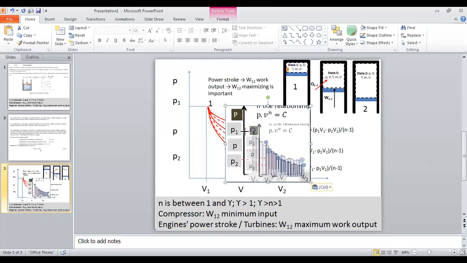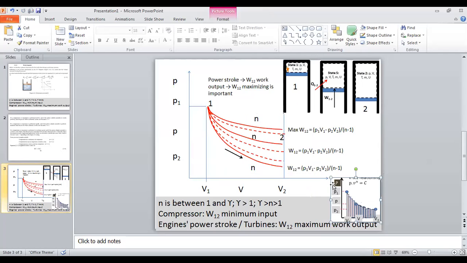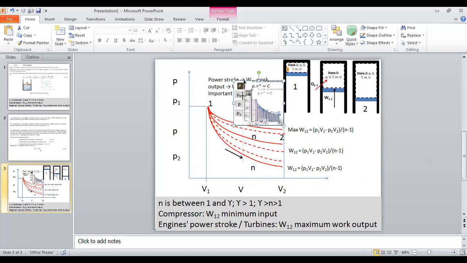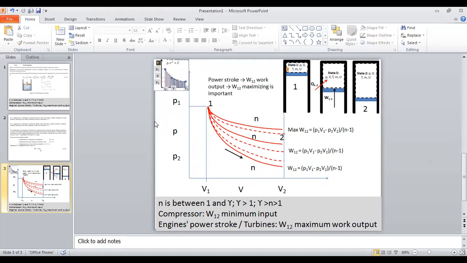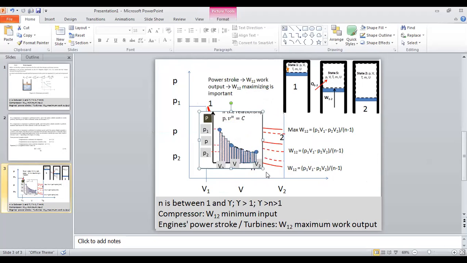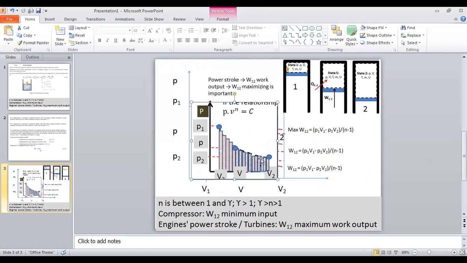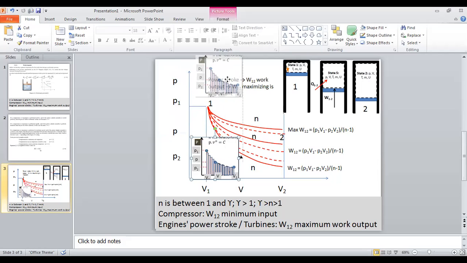Hope you can remember this. The area under PVn provides the work, the work transfer, the work output. You can see it here. Area under PVn is the work. Let me put it here somewhere.